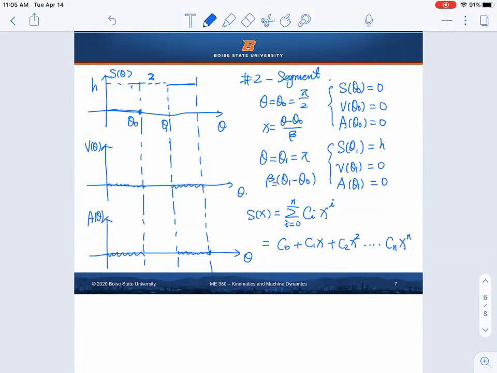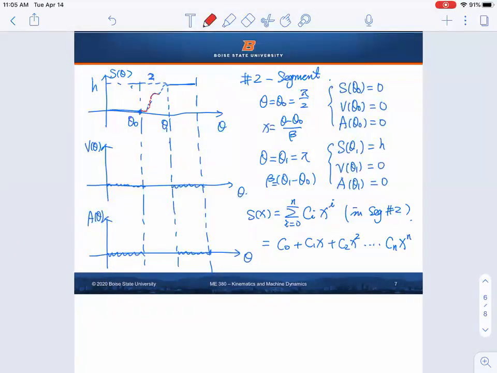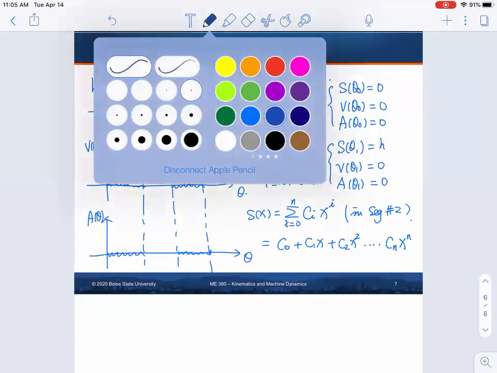All right, so we assume that S(x) in segment number 2 is going to be a polynomial, something like this. So how can we find this polynomial?